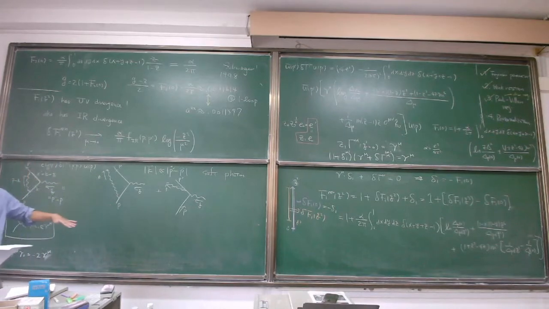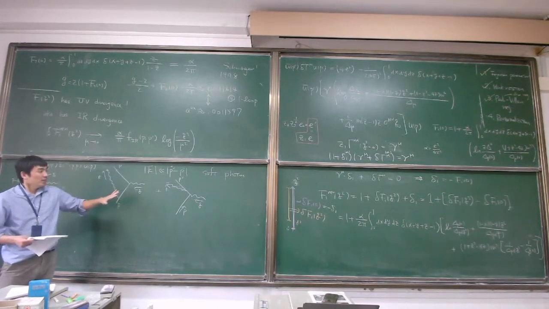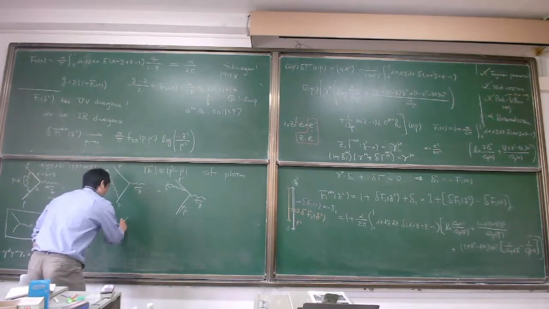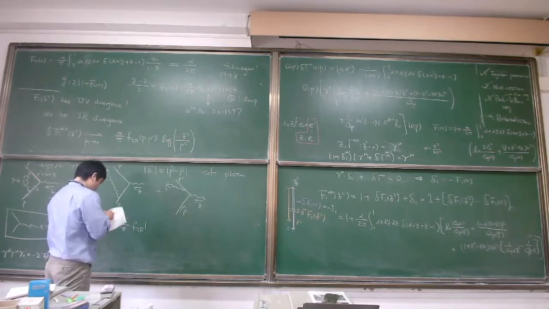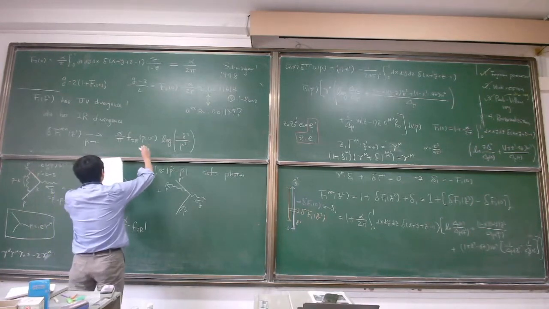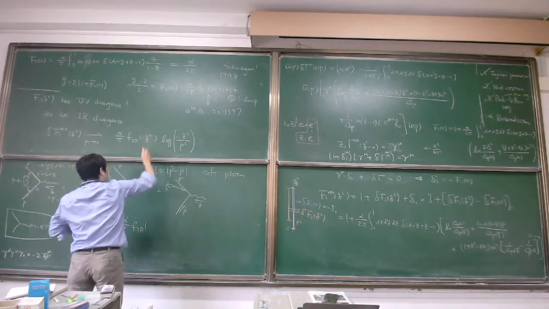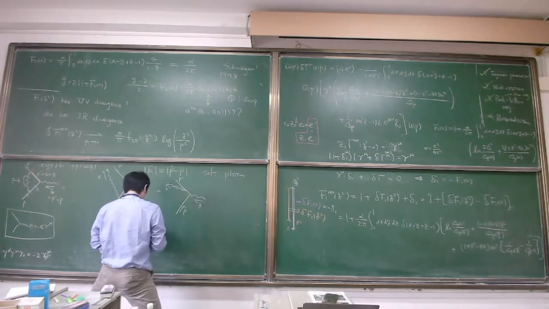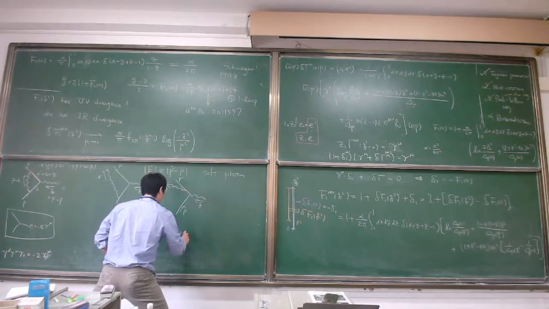And if you evaluate this contribution for a very, very soft photon, what you get is the following: F_IR, which also depends on Q squared, and then log of mu squared.